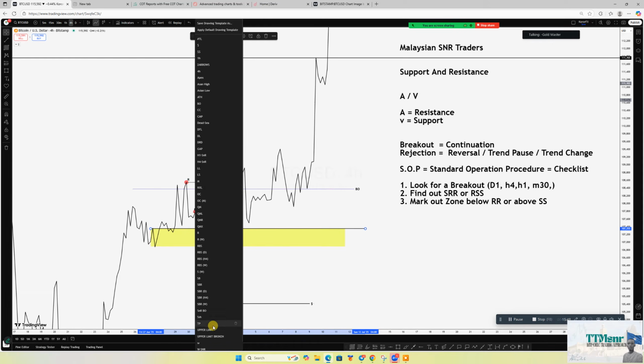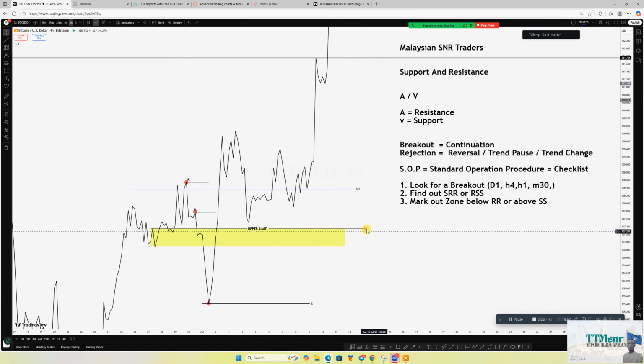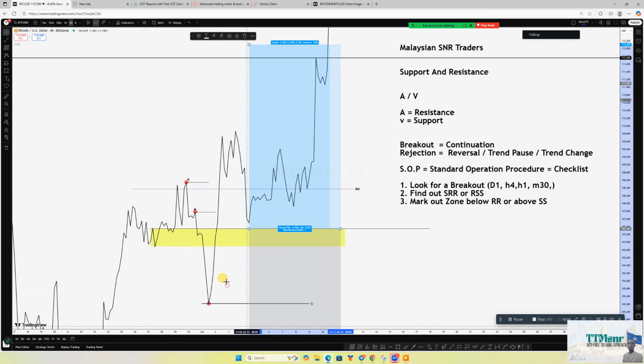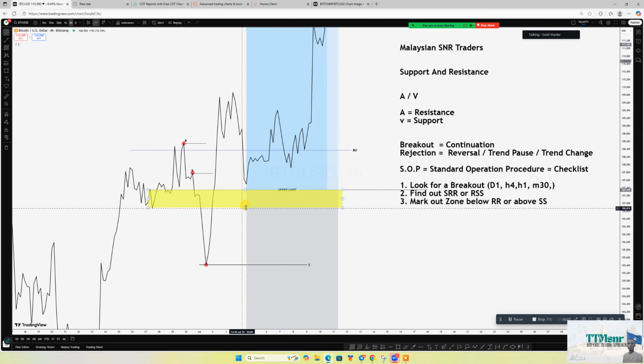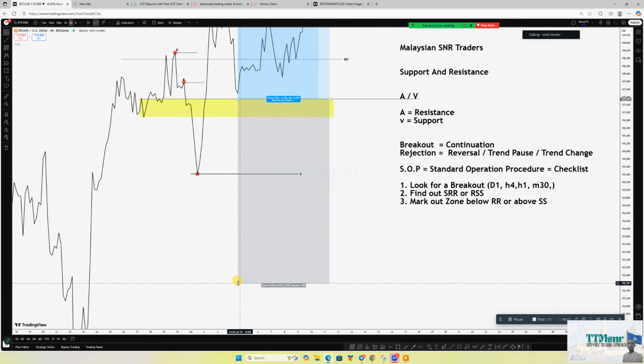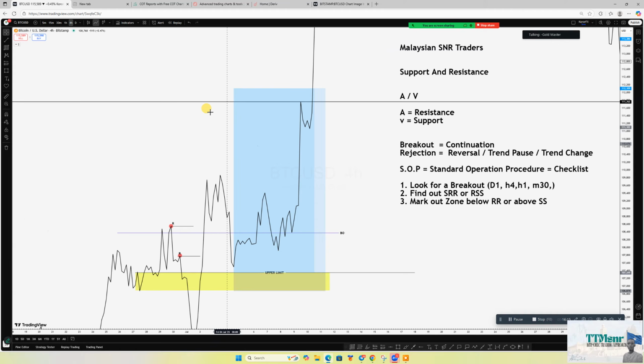So this will be my upper limit where I will enter. After all this information I will set my order here, and then stop loss below this region, and then I can target the high or hold it.